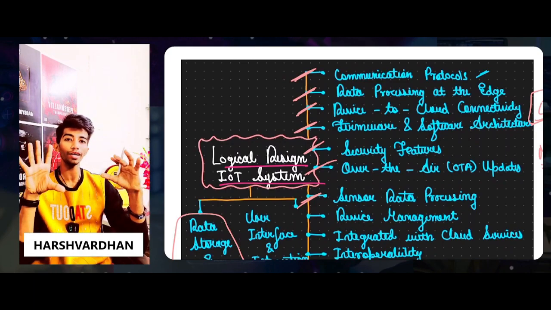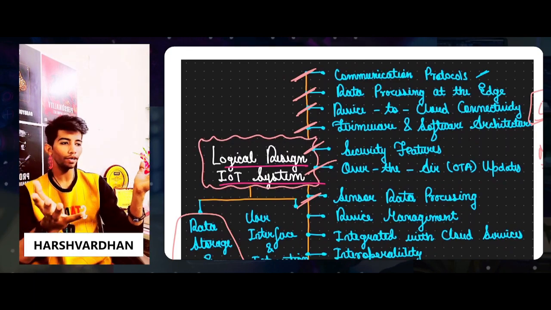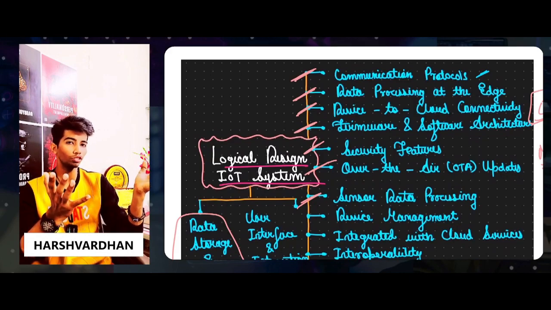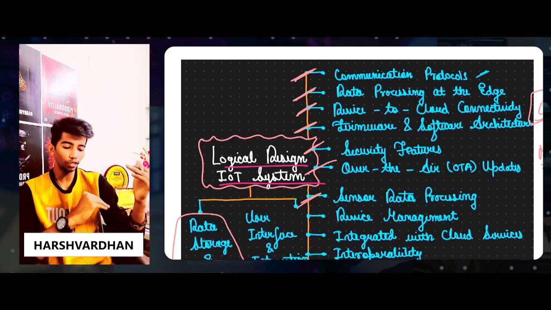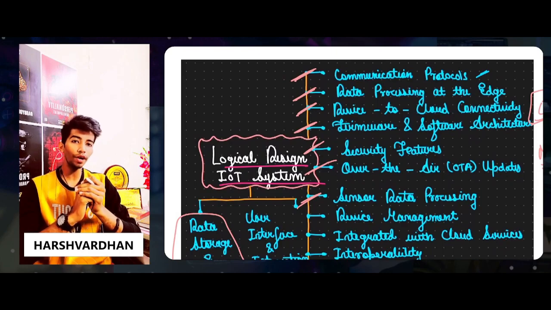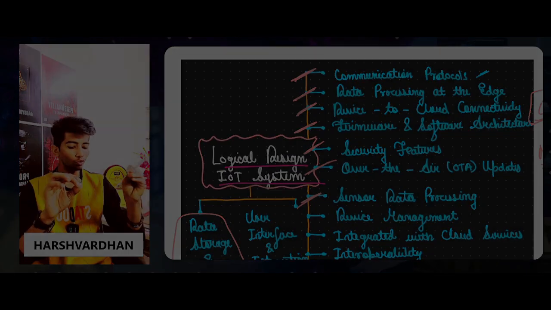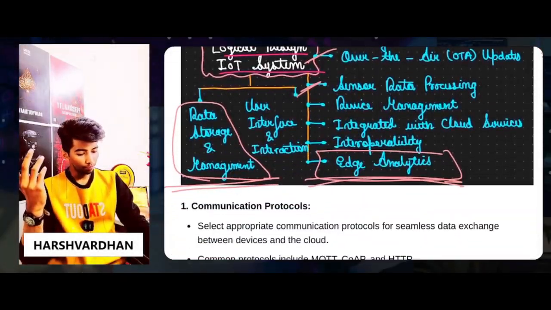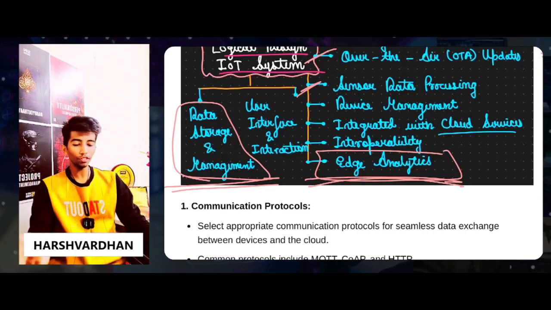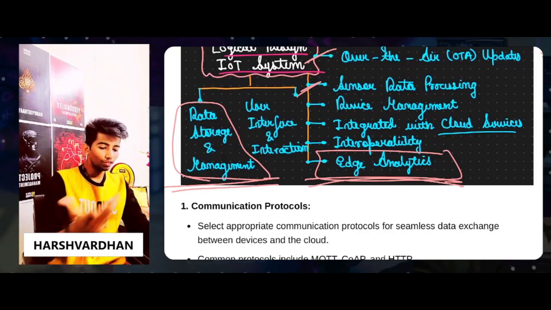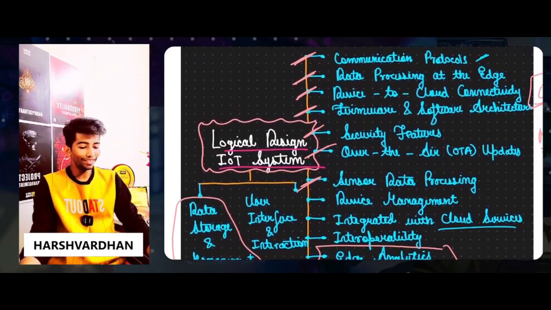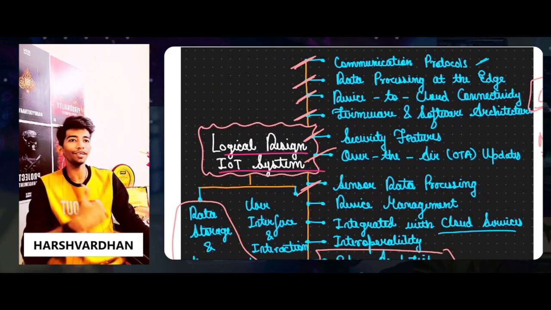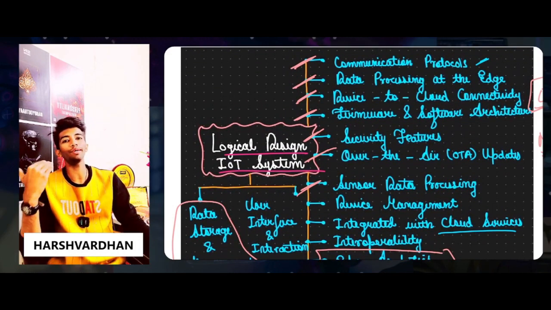Device to cloud connectivity, like how all the hardware devices or sensors which you are using in your system are connected with the cloud. We will study that. Firmware and software architecture, like how your architecture is actually designed. Integrated with cloud services, that is, we will have to integrate with the cloud services. Without integrating with the cloud services, it will not be able to work here.